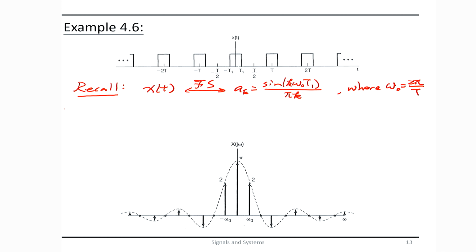So therefore, its Fourier transform is the same linear combination of delta functions at the corresponding frequency components.